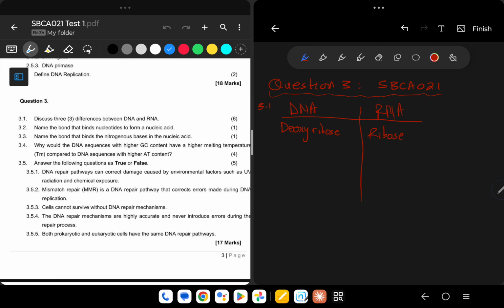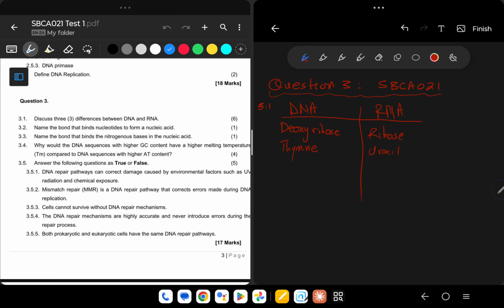You can also talk about the nitrogenous bases. The nitrogenous base present in DNA and not in RNA is thymine, and the nitrogenous base only present in RNA is uracil.